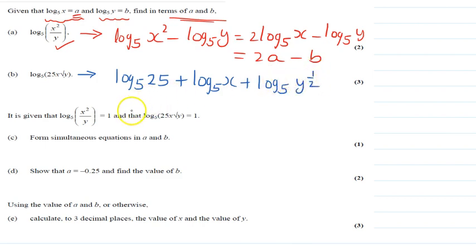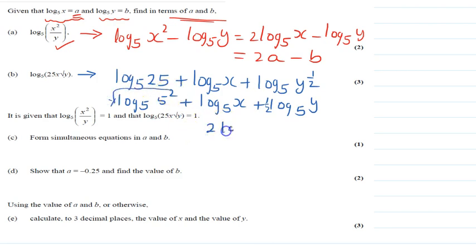Once you write this down, you can convert log base 25, that is 5 squared, to log base 5 x plus log base 5 y, and this 1 by 2 is coming forward here, and this 2 is coming here, so you can write down 2 log base 5 plus log base 5 x plus half log base 5 y.